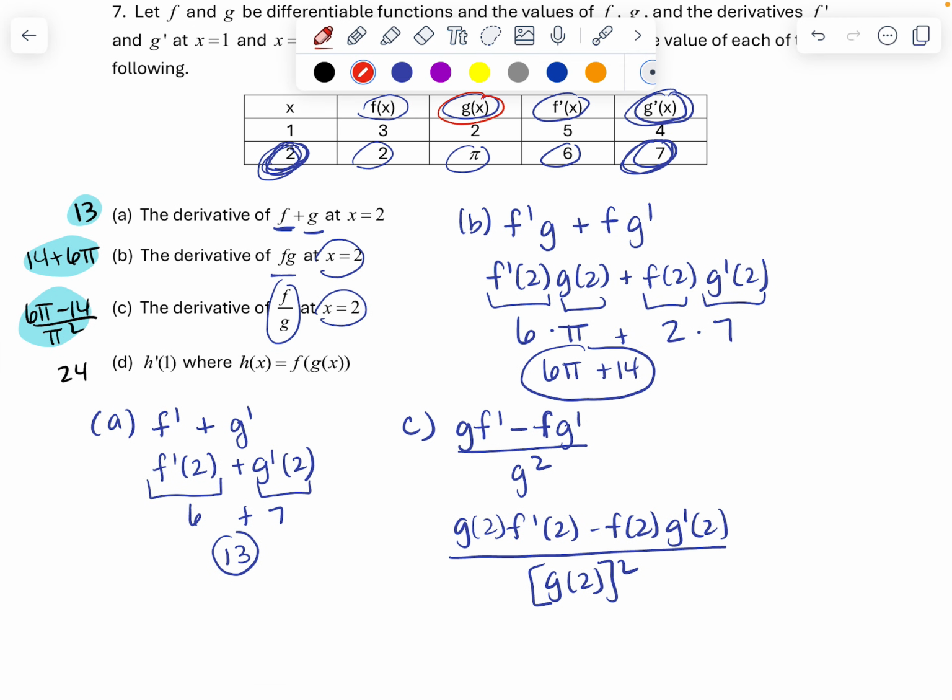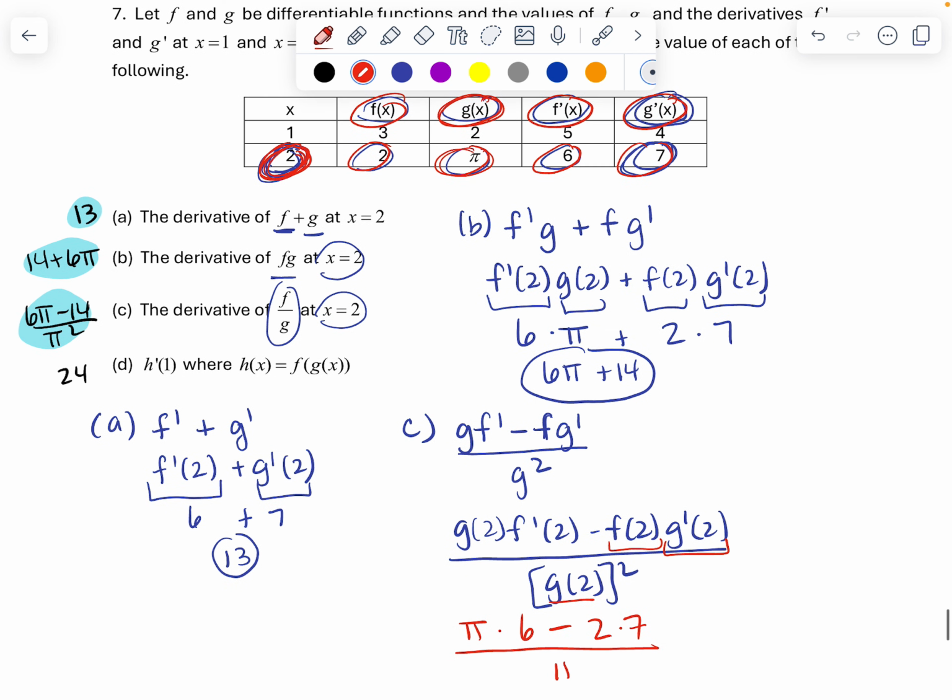We've got g of 2 is pi, so this first part is going to be pi, times f prime of 2, f prime of 2 is 6, minus, and then we've got f of 2, so f of 2 is 2, times g prime of 2, g prime of 2 is 7, and then that's all over g of 2, so g of 2 is pi, all over pi, and then we have to square it. So this is going to be 6 pi minus 14 all over pi squared.